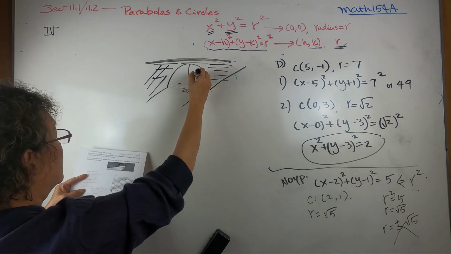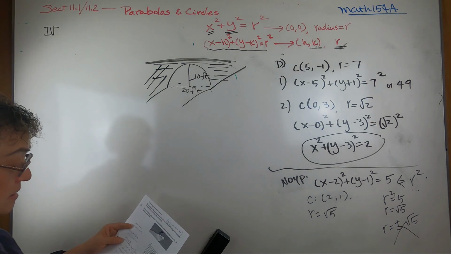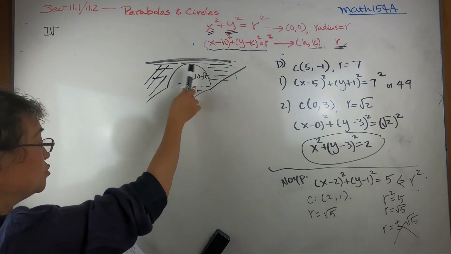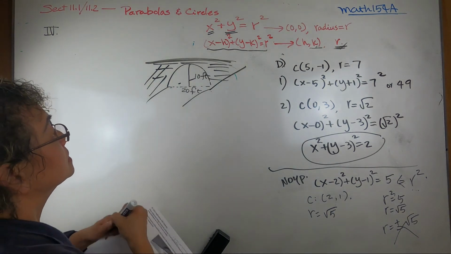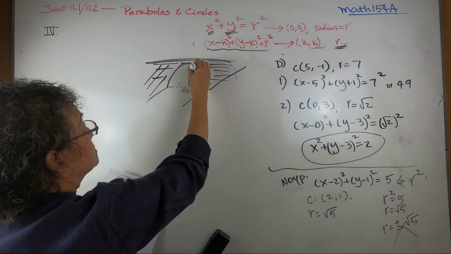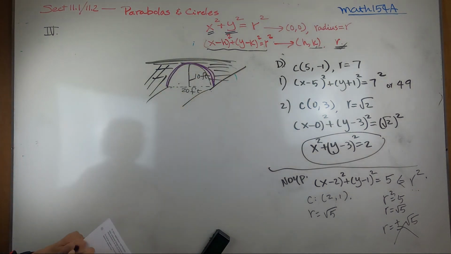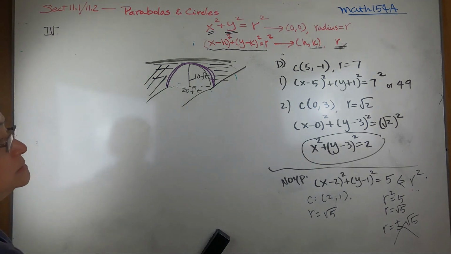Then if this one is 10 feet, then we said, okay, how are you going to describe the curve on this one? Usually we would like to describe the curve like this one as a parabola with an equation.